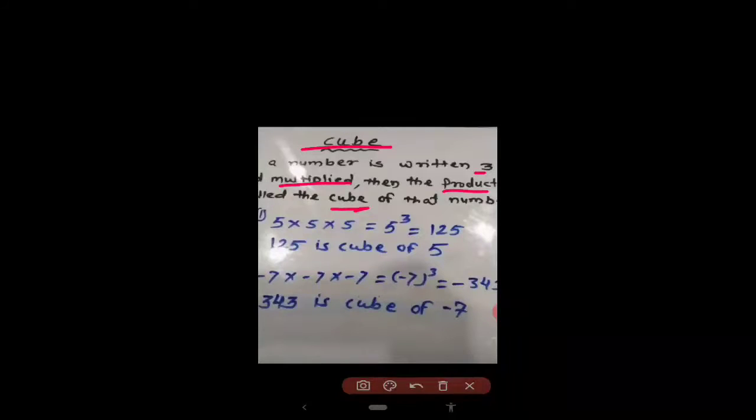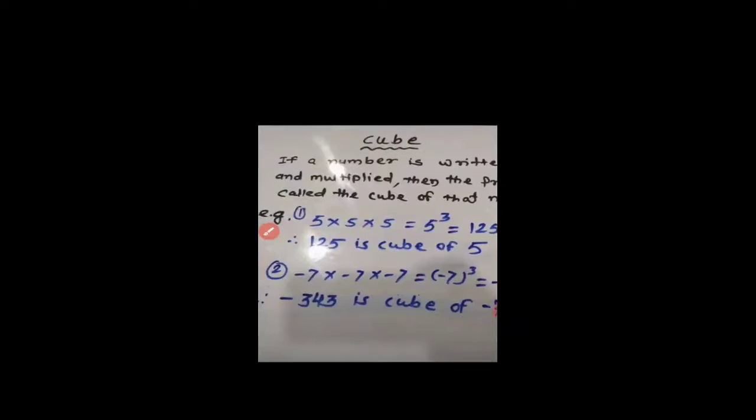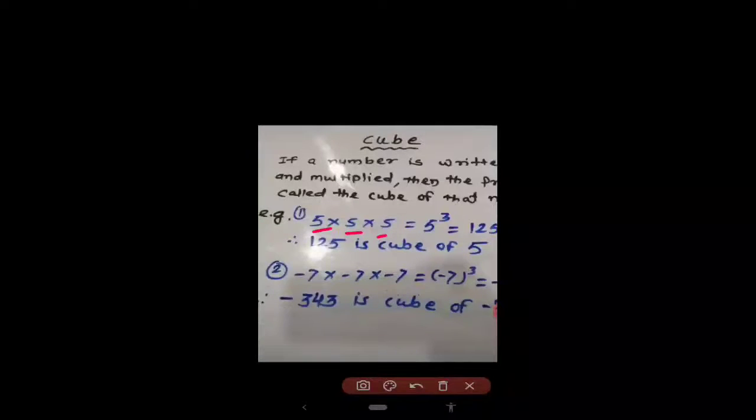For example, we consider the first example, 5 into 5 into 5. 5 is taken 3 times, means 5 to the power 3, and the value is 125. Hence 125 is the cube of 5.